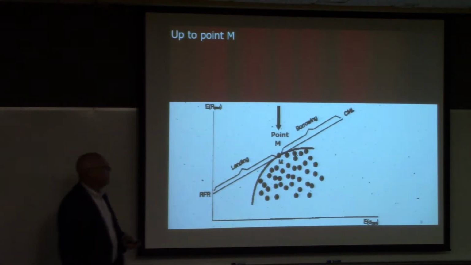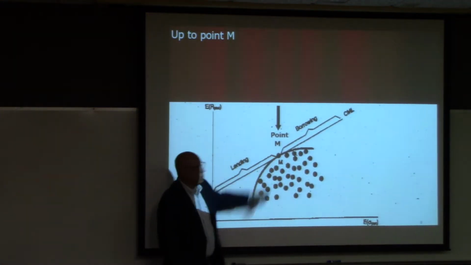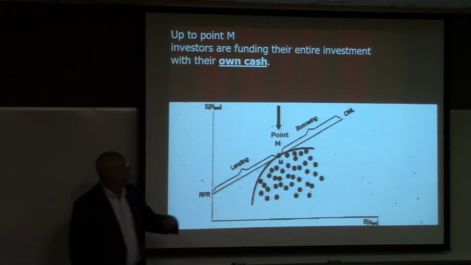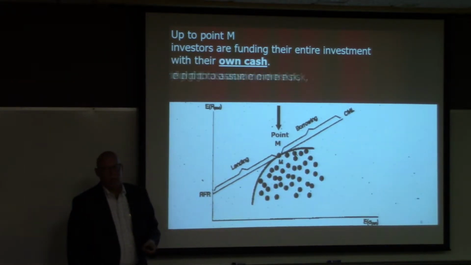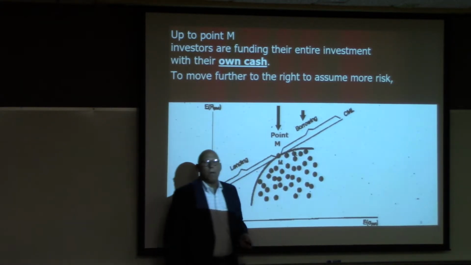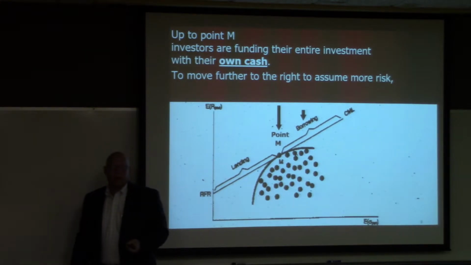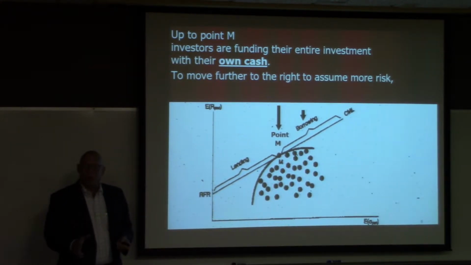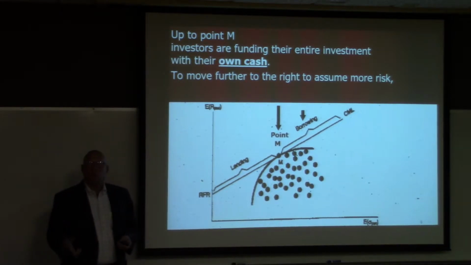Okay? So up to point M right here, investors are funding their entire investment with their own cash. But past point M, as you move up here, you are now borrowing in order to buy securities, and that is leverage, margin or leverage, and that increases your risk. Why would you do that?